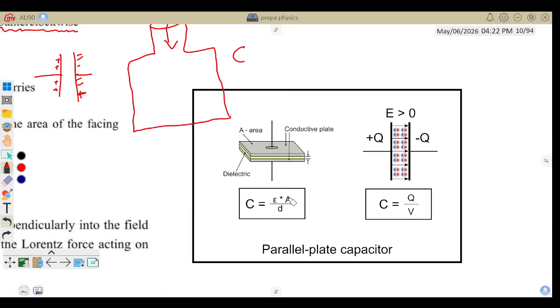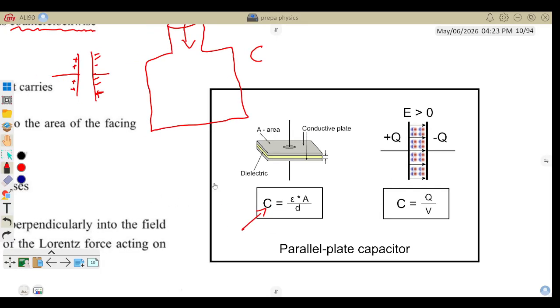If we get to the relation expressing the capacitance in terms of the geometry of the two-plate capacitor, we have the capacitance is a certain epsilon times A divided by D. So A is the surface or the area, D is the distance between the two plates. That means the C is proportional to the surface of the plate and inversely proportional to the distance between the two. So this relation will answer our question here.